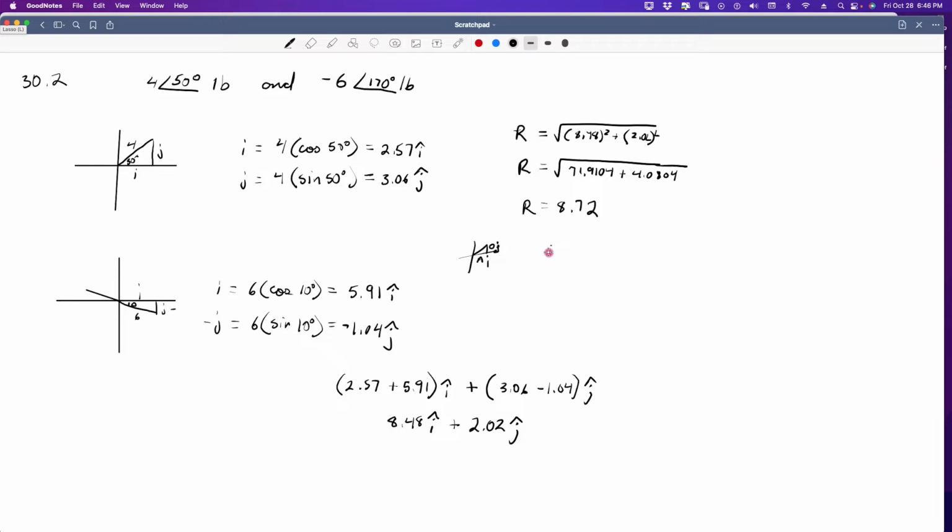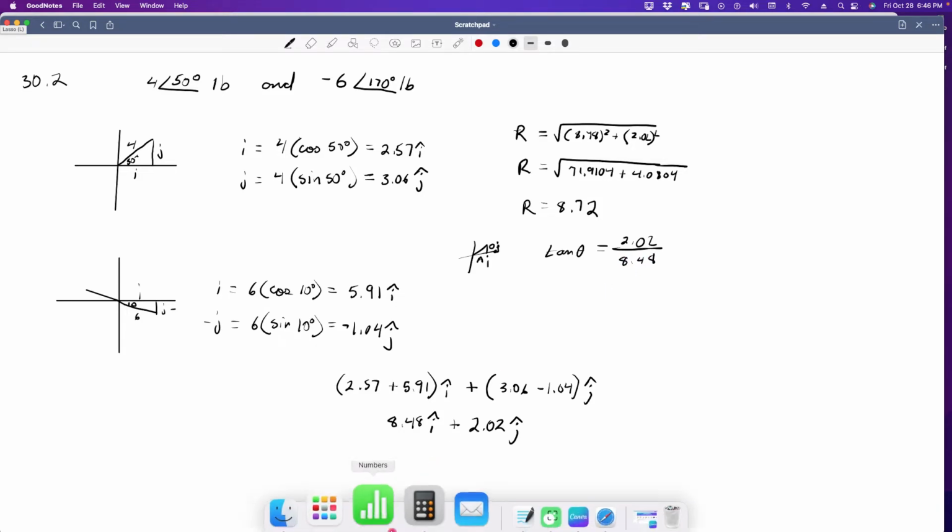So now we can find the tan of theta, which gives us the degree of measure here. It's TOA, so opposite over adjacent, so the j, which is 2.02, over the I, which is 8.48. So now we put that in the calculator.